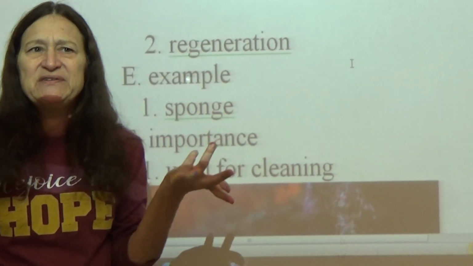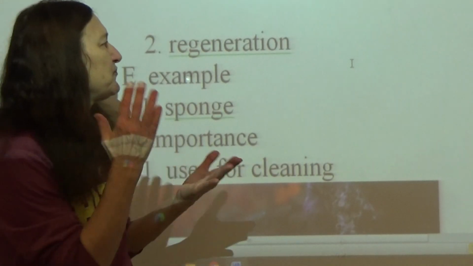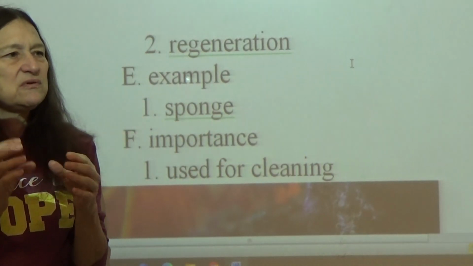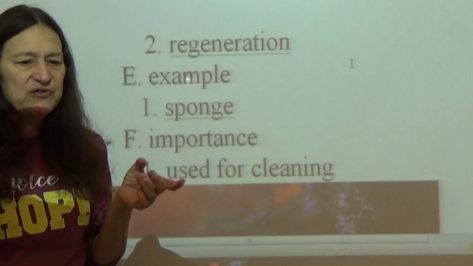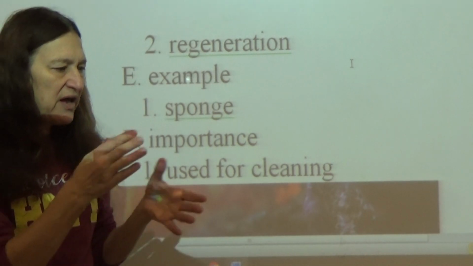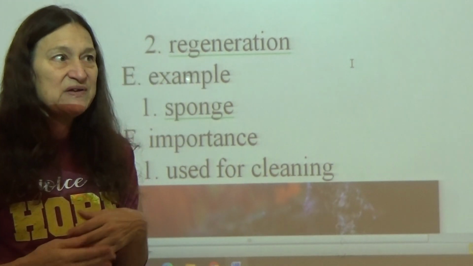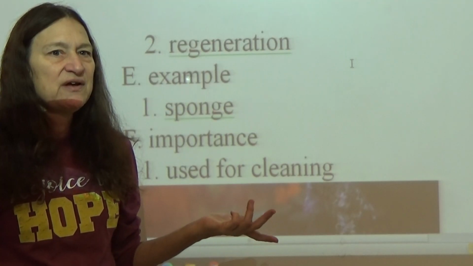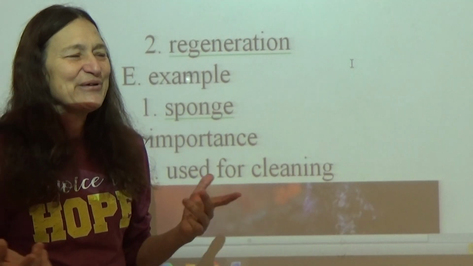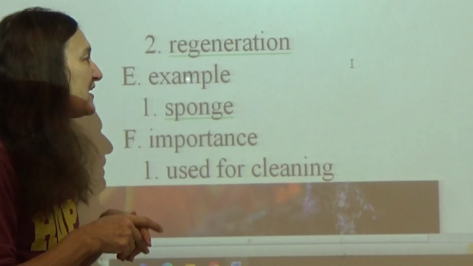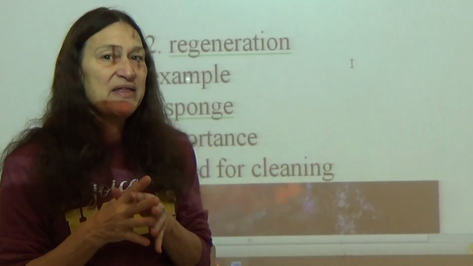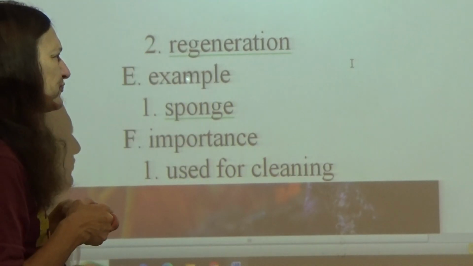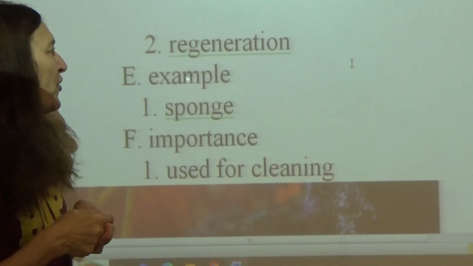This happened with sea stars too. So you cut up the sponges, you realize, oh, I had one sponge, I cut it into 10 pieces, now I have 10 sponges. So they learn that they can actually multiply in that way also.